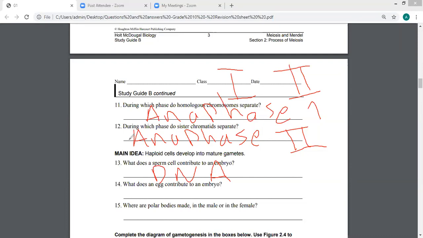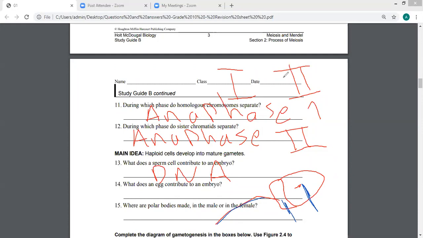Okay, do you know the structure of the sperm? Structure of sperm. Okay, head, neck, and tail.